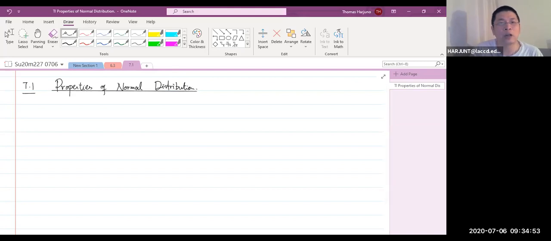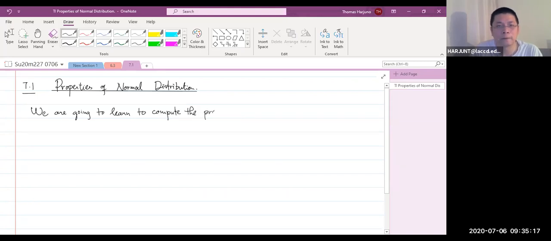Okay, we start with the following. We are going to learn to compute the probability of a continuous event.